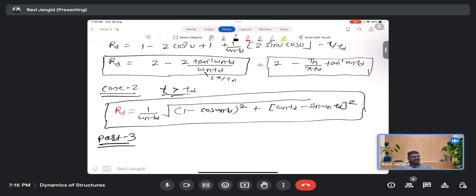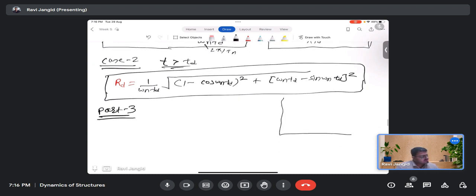If the plot is like this, where r is plotted against td by tn, then you will get a curve like this one, and one is like this for the free vibration. For this value, td by tn is 0.371.